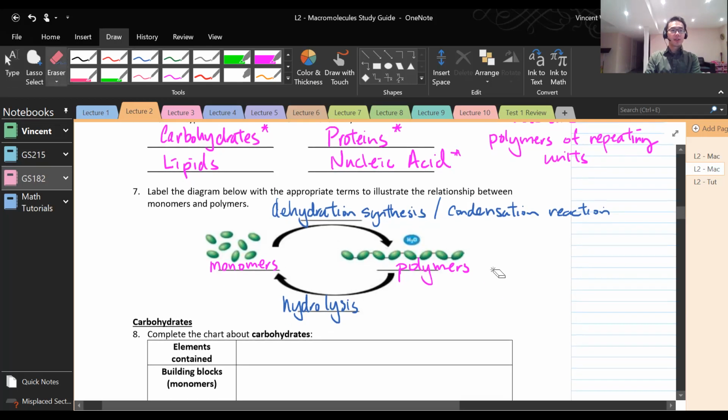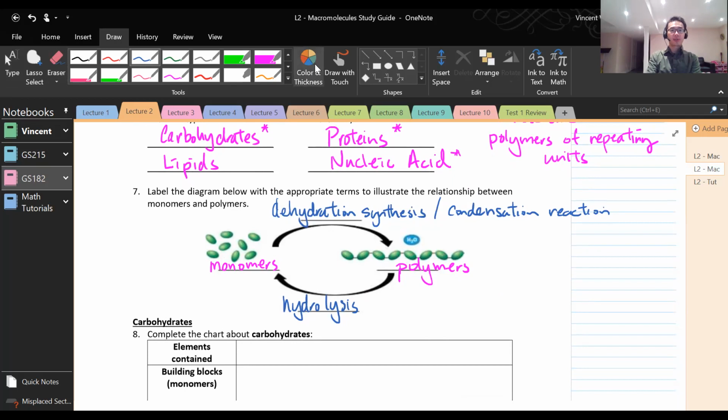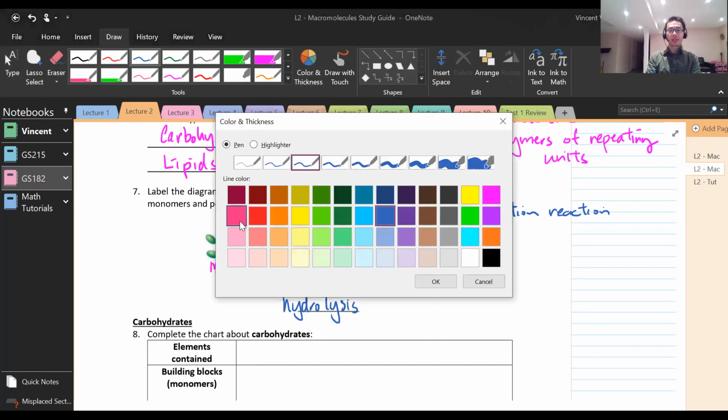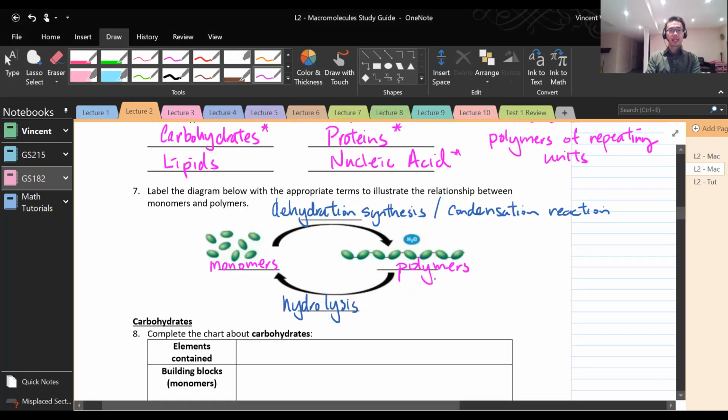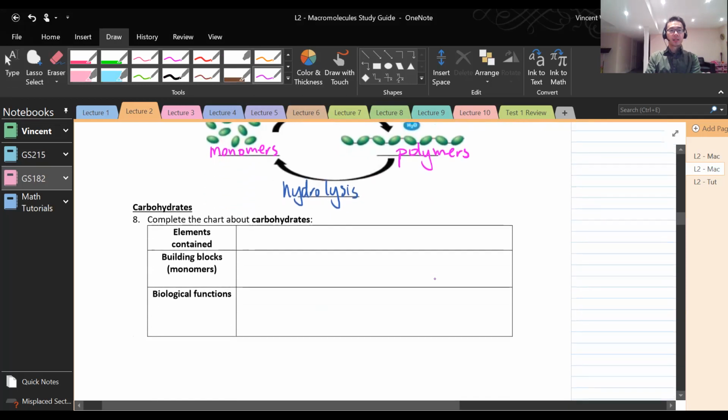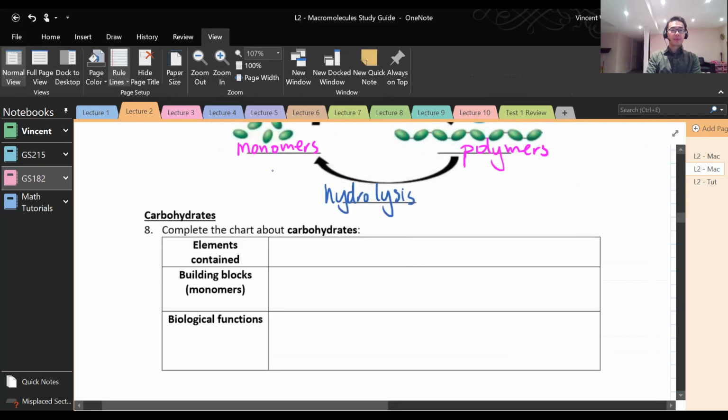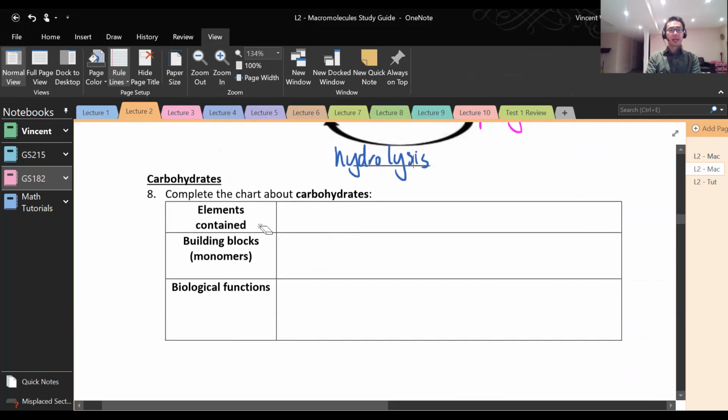So let's start with carbohydrates. And again, if you have a question, please just interrupt me at any time. First chart here, the elements that are contained in carbohydrates. We only have C, H, and O. Carbohydrate is carbon with water, basically.